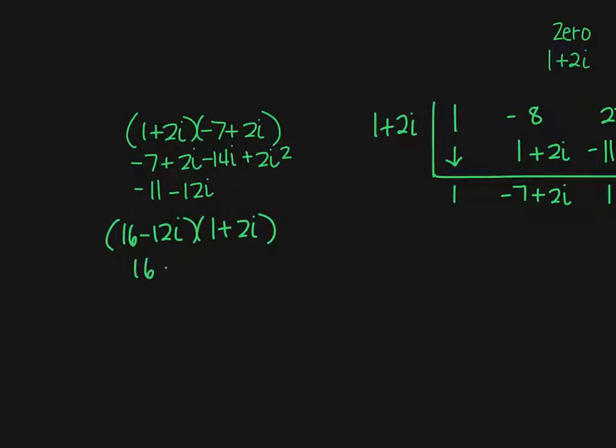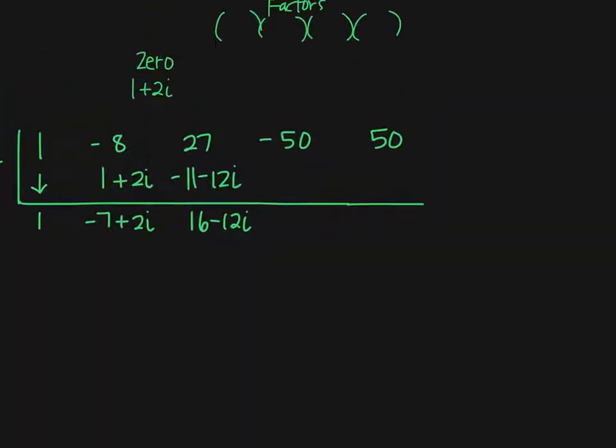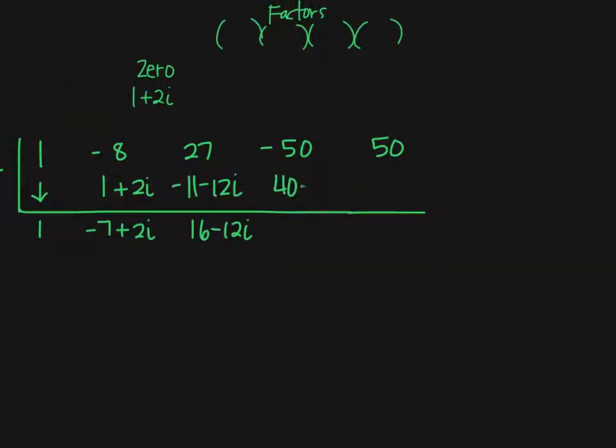So I'm going to have 16 plus 32i minus 12i minus 24i squared. So we will be looking at 40 plus 20i.